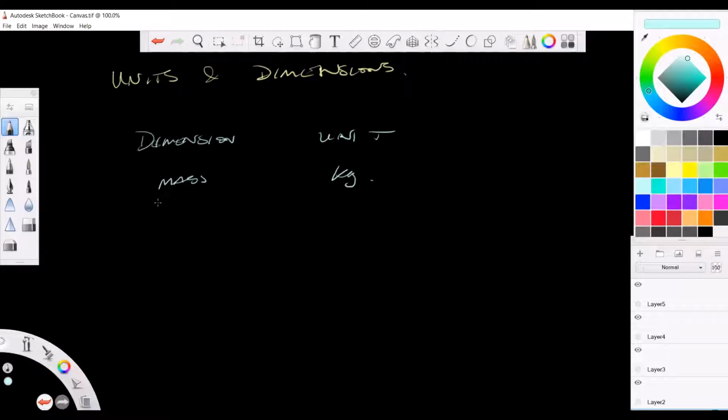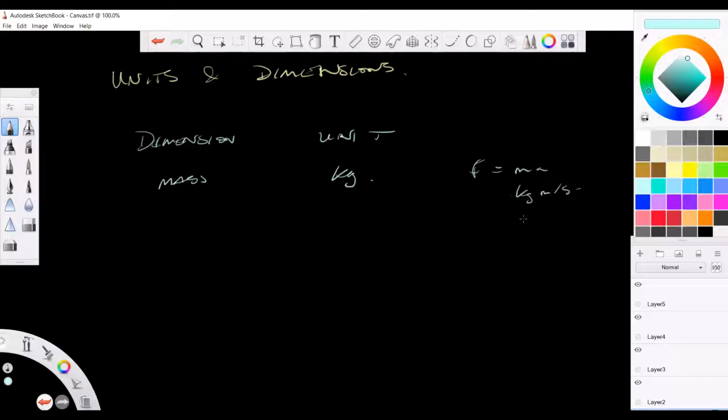Now there are complications to this, in that some properties are not a straightforward single dimension. For example, force is not itself a dimension. Force is measured in, let's think, F equals ma, which would be kilogram meters per second squared.